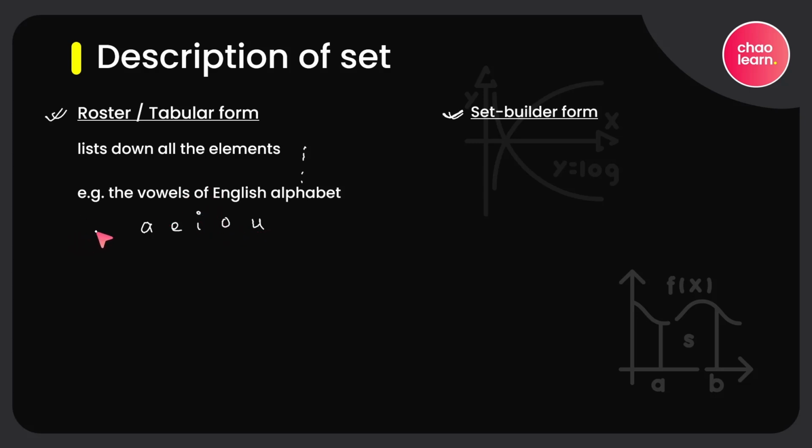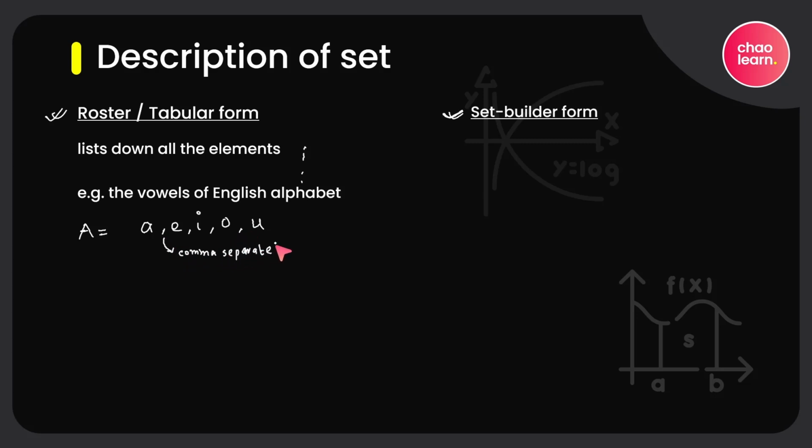Let us give this set a name. Let us say A = {A, E, I, O, U}. Whenever you are writing it in the roster form, you have to separate the elements using a comma.